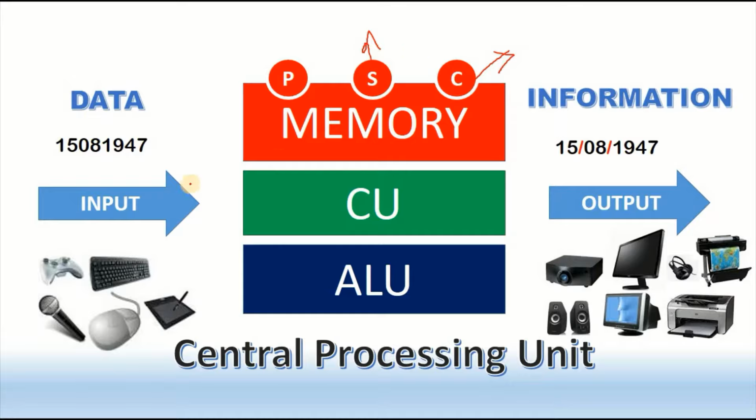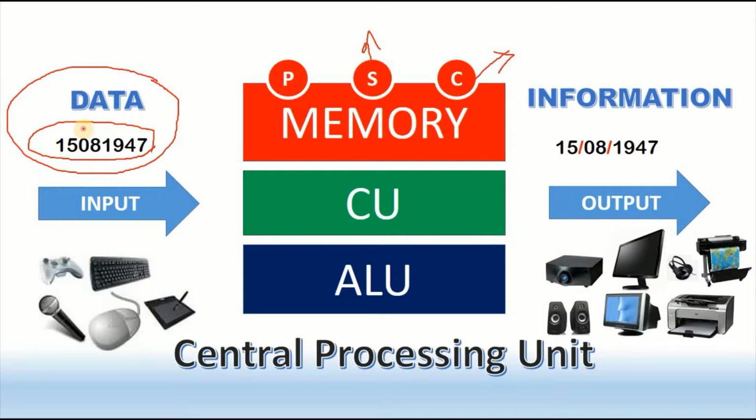Now basically we see what data is. It is raw. Suppose I say 150.819.47, what is this? Some people think it is some locker number, or maybe a password, or it can be anything.